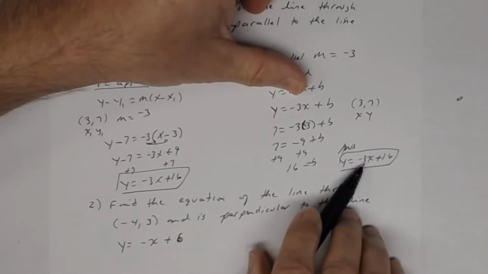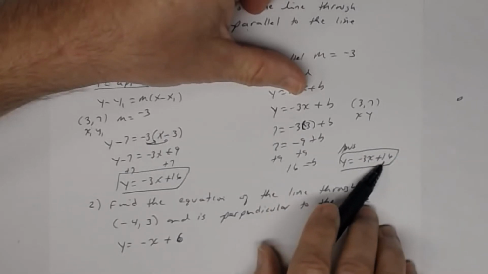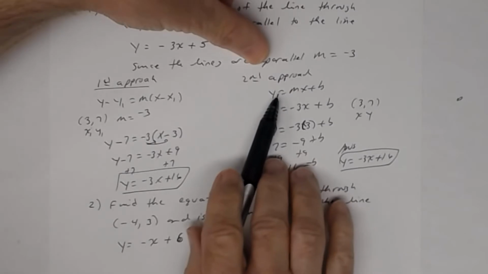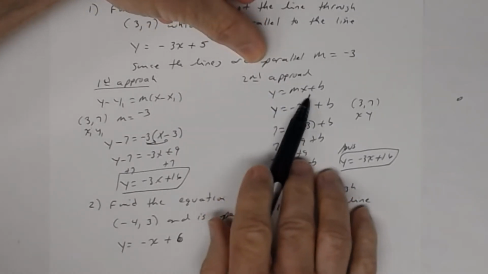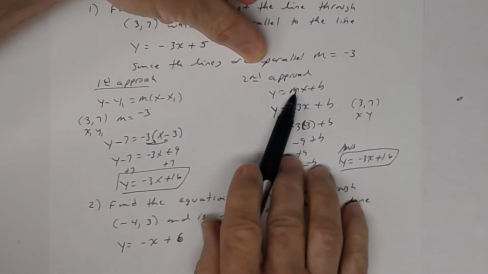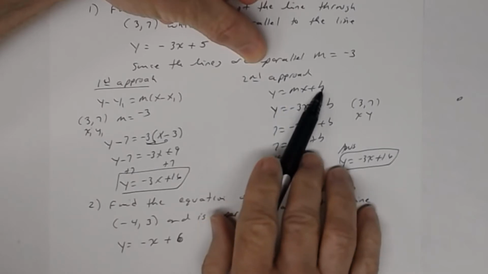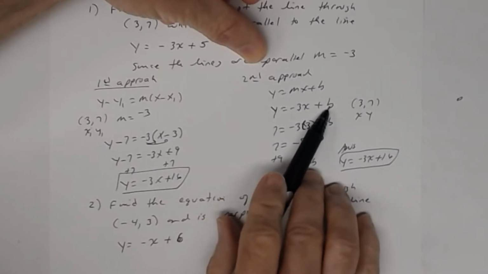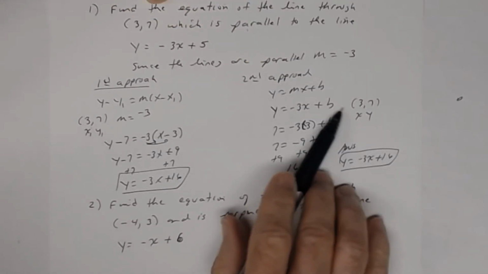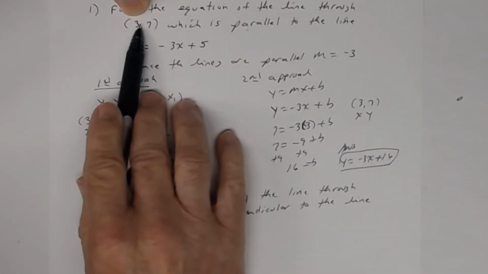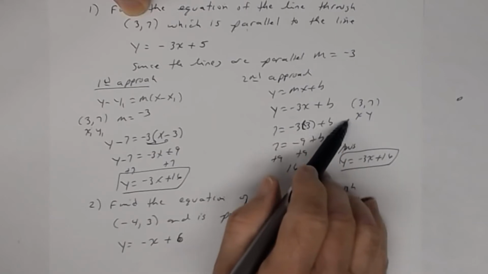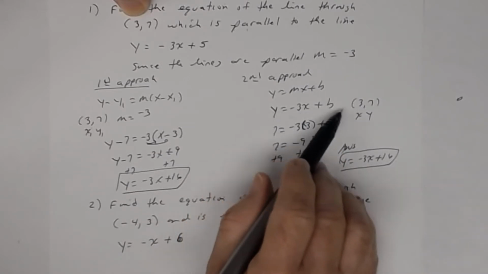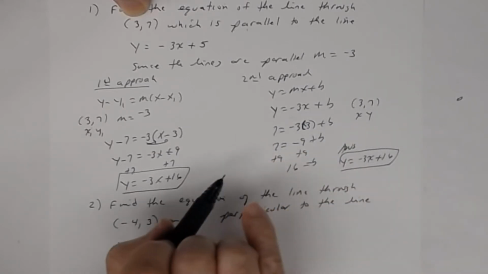So now you know the slope and you know the y-intercept. Listen carefully, say it again. If you use that second approach, you have to know the slope and the y-intercept. All I know is the slope, so I have to find b. To find b, you can use this point right here that's on that other line, and you substitute 3 in place of x and 7 in place of y.